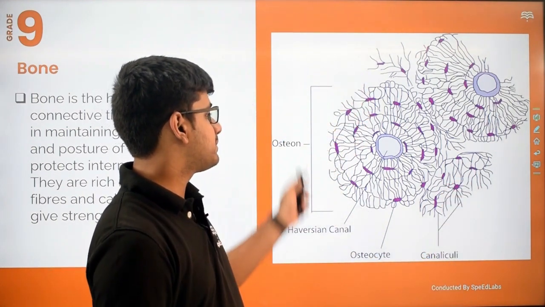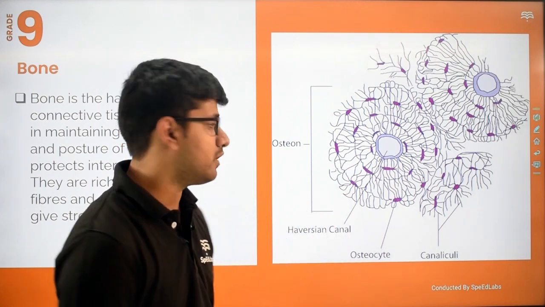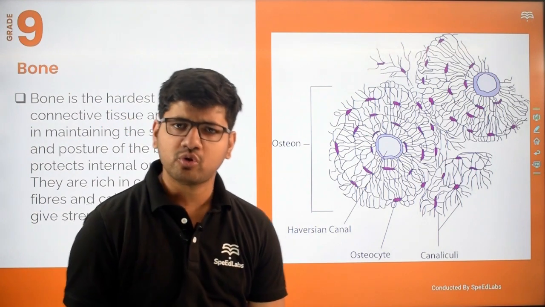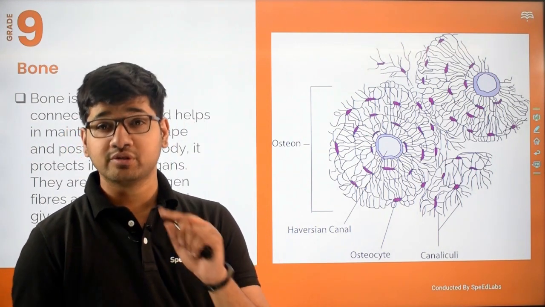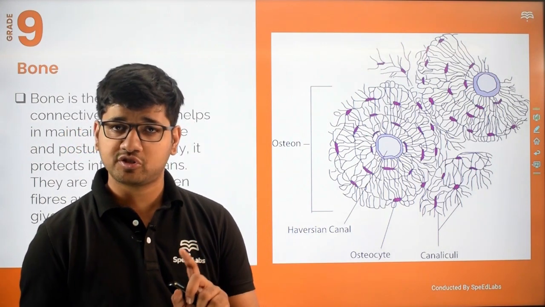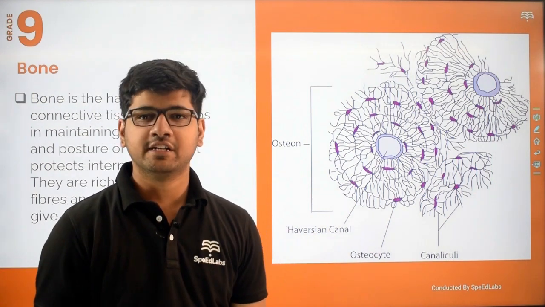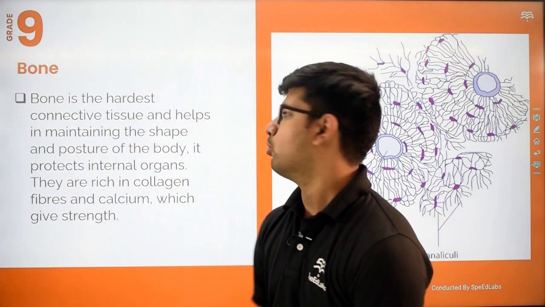This one system basically consists of one osteon. So if I talk about the bone's singular unit, an osteon contains all these three structures in place. So let us understand further.